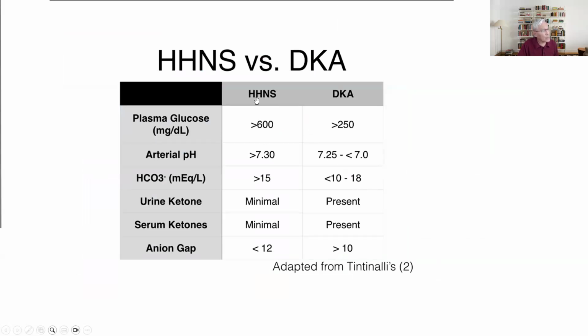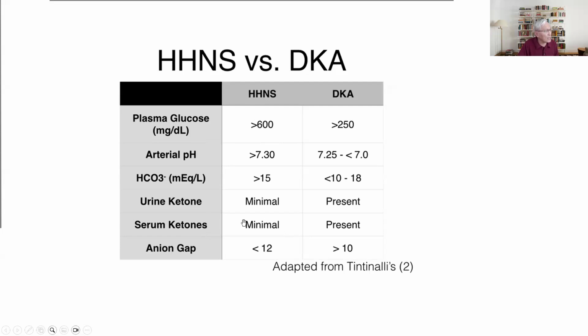And the last is that in DKA, usually the plasma glucose levels are above 250, all the way around to 400 to 600. But in HHS, it's classic to be over 600 milligrams per deciliter. So that is the most significant.